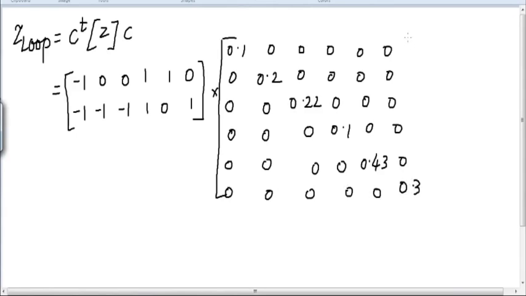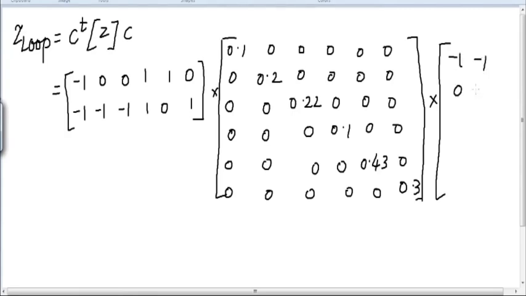So this is your Z matrix. And similarly C. So what is your C matrix? Just now you have made the transpose of that. So you can write from there -1, -1, 0, -1, again 0, -1, then 1, 1, then 1, 0, and then 0, 1. So this is your C matrix.